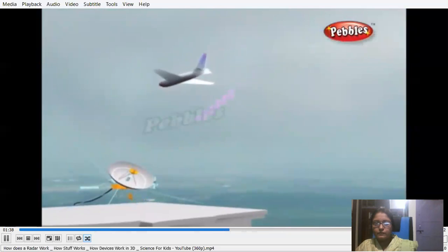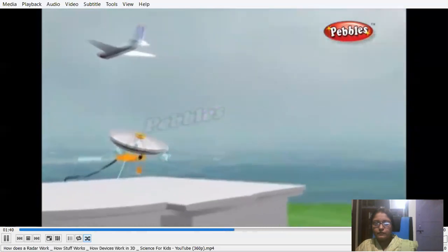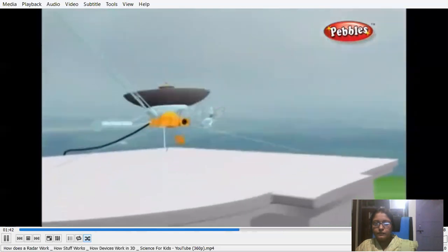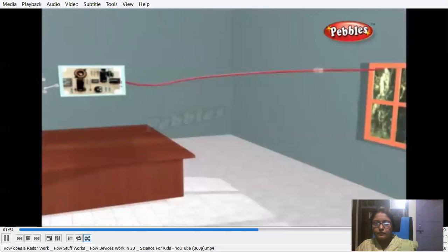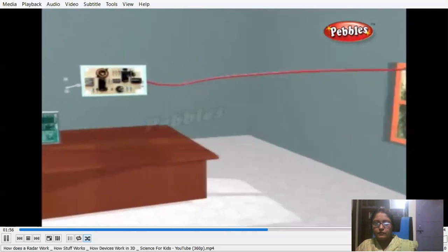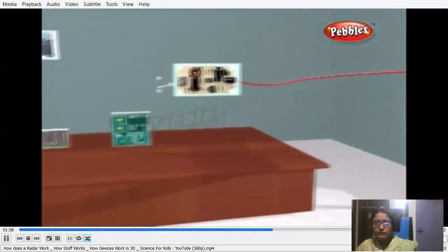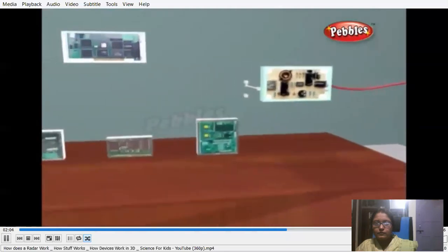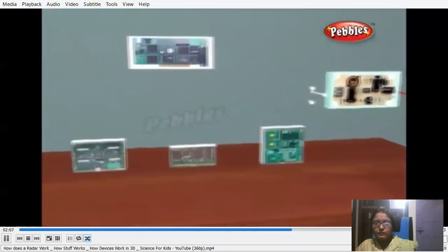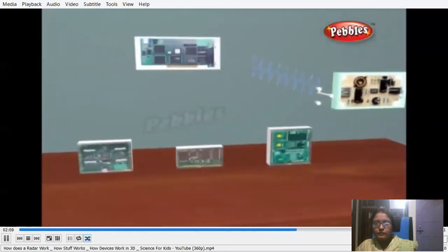Then some of them bounce back towards the antenna in a beam of reflected radio waves, also traveling at the speed of light. Any reflected radio waves picked up by the antenna are directed into a piece of computerized electronic equipment that processes and displays them in a meaningful form on a television-like screen, watched all the time by a human operator. The receiving equipment filters out useless reflections from the ground, buildings, and so on, displaying only significant reflections on the screen itself.